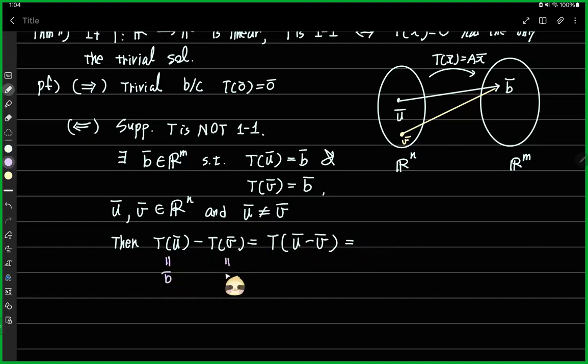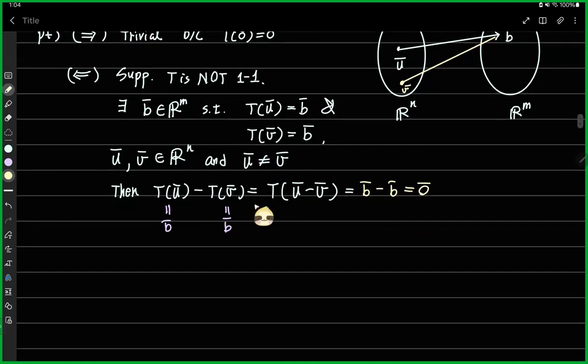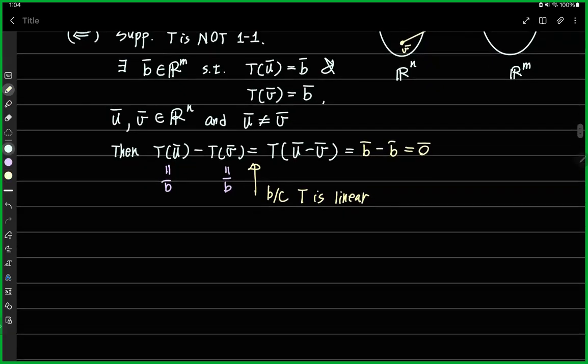And T of V is equal to B, so this is B minus B, which is equal to 0 vector. So here, because T is linear, T of U minus V is equal to 0 vector, and U minus V is not equal to 0 vector.